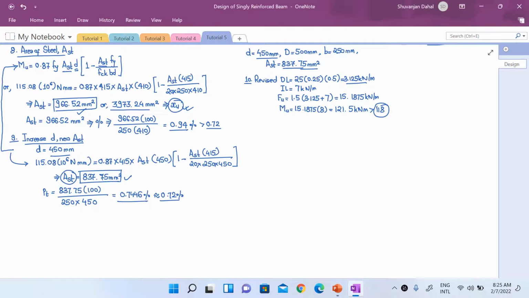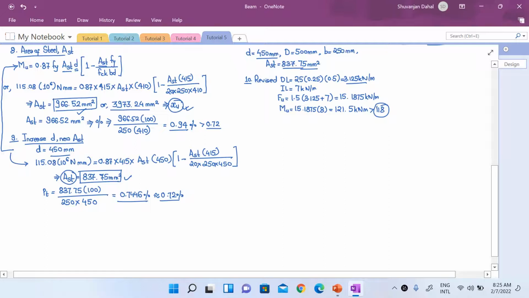So the limiting moment that our beam can carry is obtained by the formula that we discussed in our lecture. We discussed there that Mu limiting over bd square is given as 2.76 for our Fe 415 grade steel.